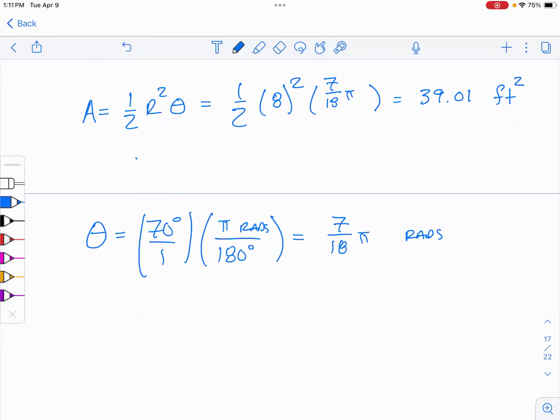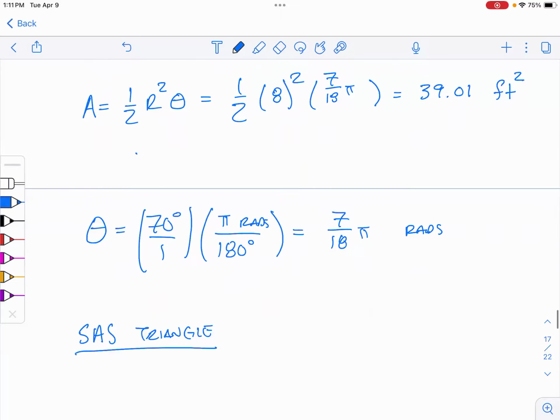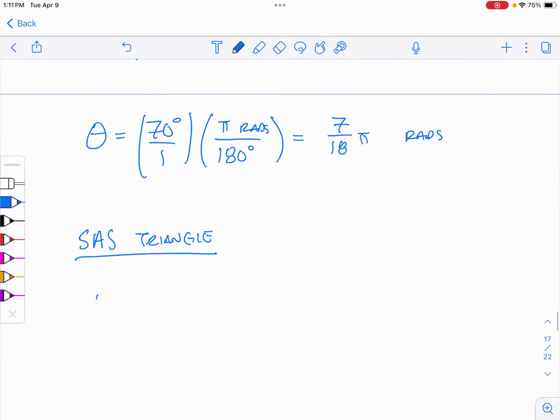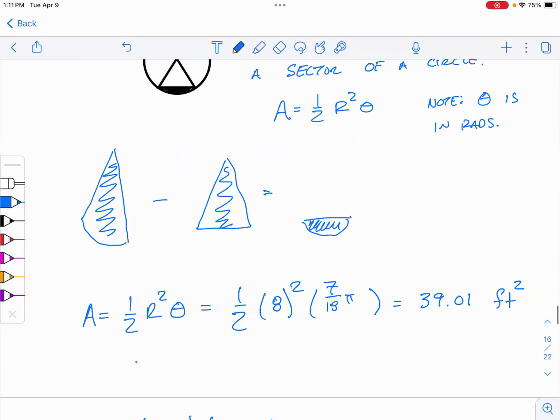And then the other thing, this is an SAS triangle, and we actually have the equation for that: A equals 1/2 ab sine of the angle between them. This can be in degrees or radians and will come out correctly either way, but we're going to use degrees because it's easier.